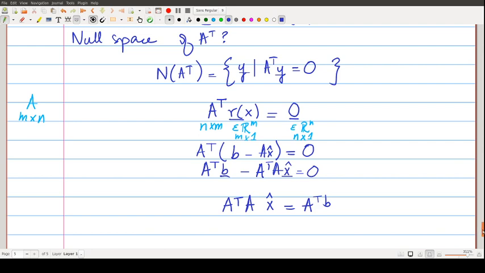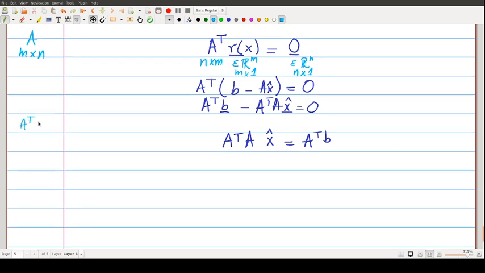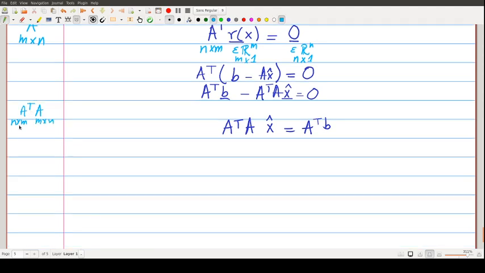Okay, and so let's for a moment think about this system. What does this system actually mean? A transpose is an n by m matrix, and A is m by n, which means A transpose times A is going to be a square matrix, n by n.